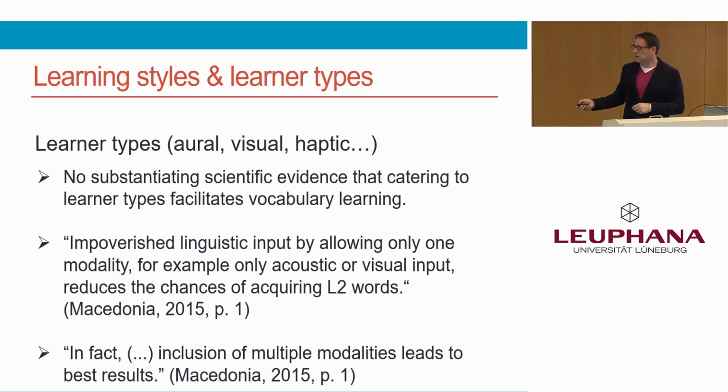And including multiple modalities, as many as possible, evidently leads to better results. It's probably easier in a classroom situation anyway, where it's very difficult to cater to everyone's needs in that respect. So using multiple modalities probably is a better way of reaching everyone anyway. Okay?